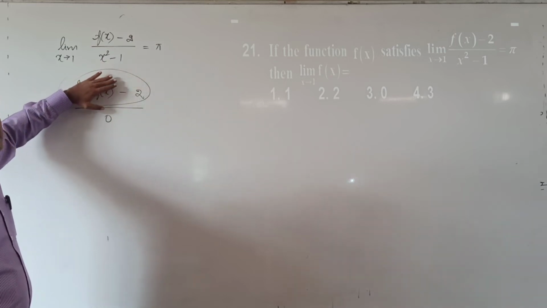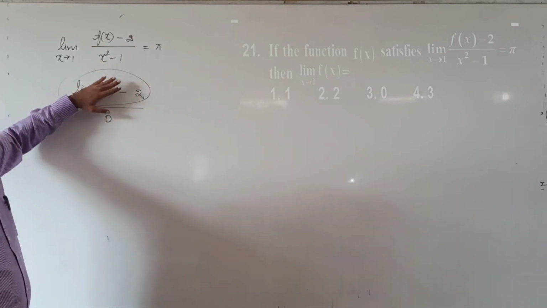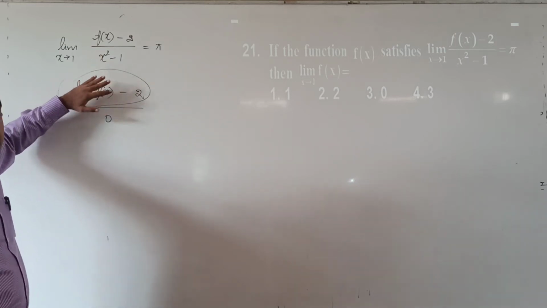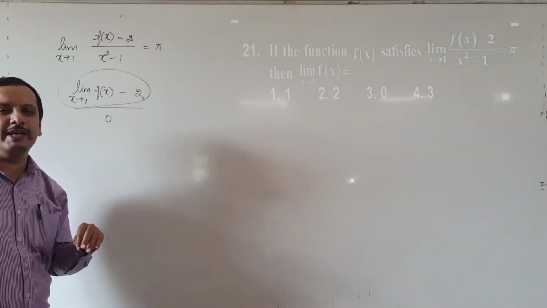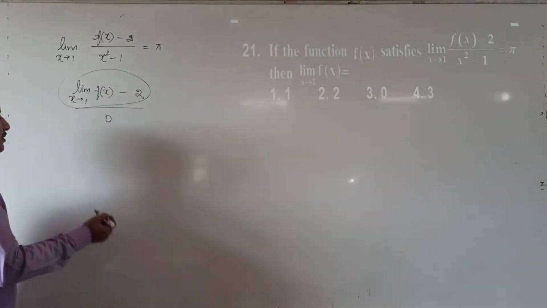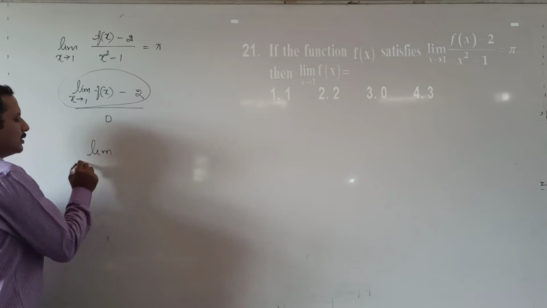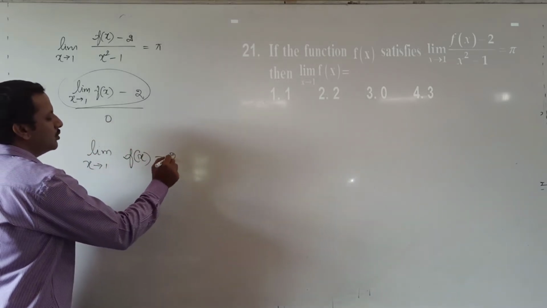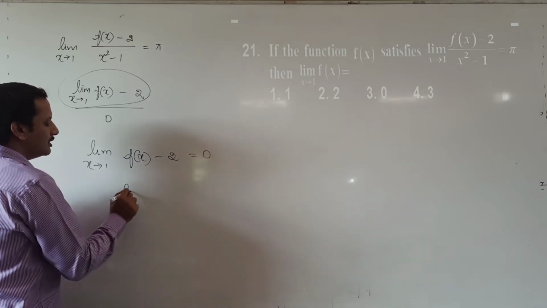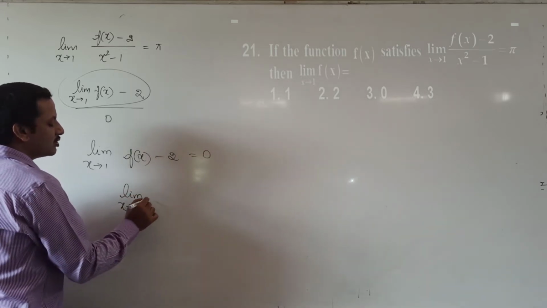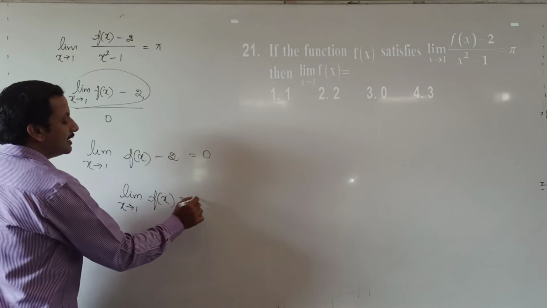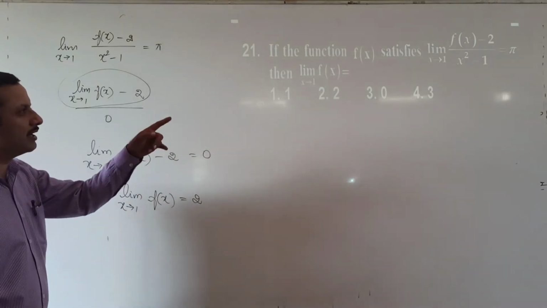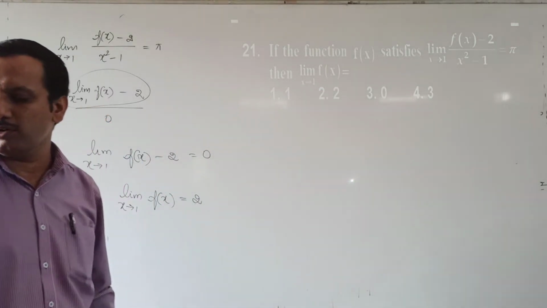This numerator should not be positive and should not be negative, which means the only thing that it can be is 0, right? So we should have limit x tends to 1, f of x minus 2 is equal to 0. So this is equal to 0 means limit x tends to 1, f of x is equal to 2. Limit x tends to 1, f of x equal to 2, second option.